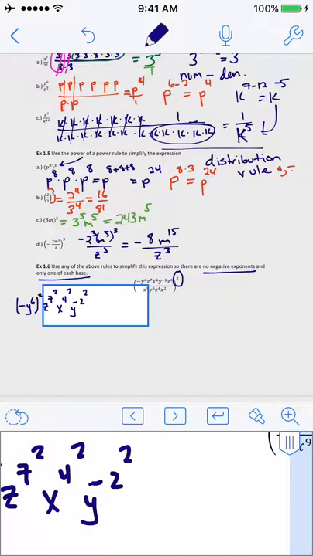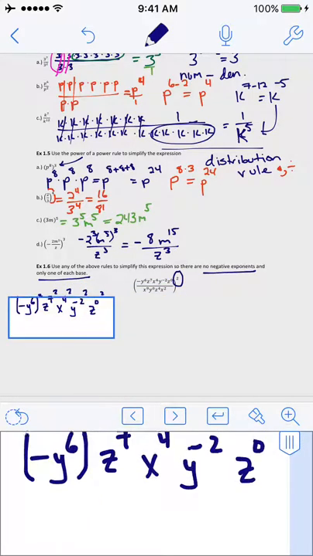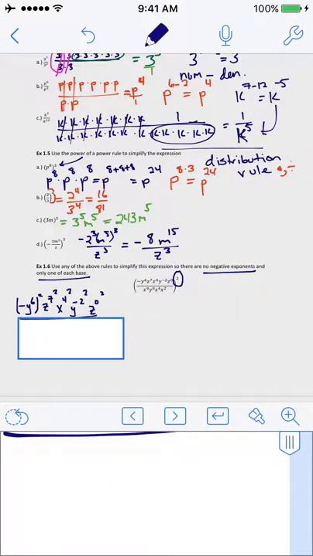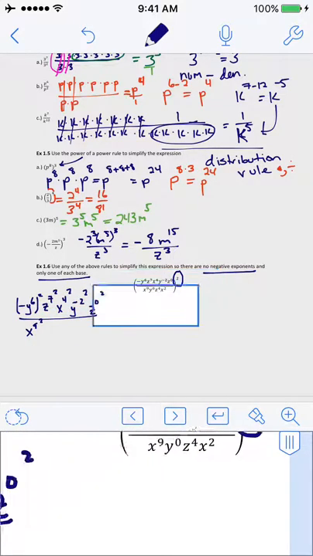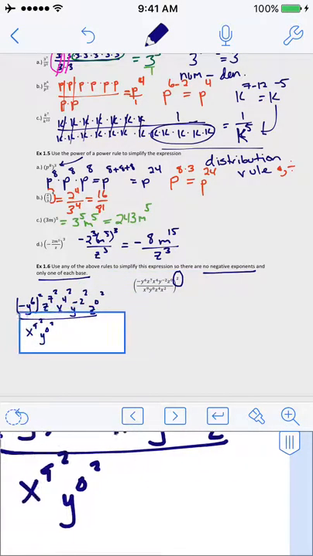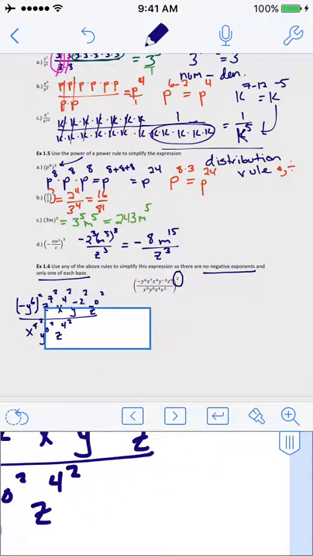I'm literally just writing a whole bunch of 2's on the page. Z to the 0 to the 2. And then we'll go into the denominator. X to the 9th to the 2. Y to the 0 to the 2. Z to the 4th to the 2. X to the 2 to the 2.